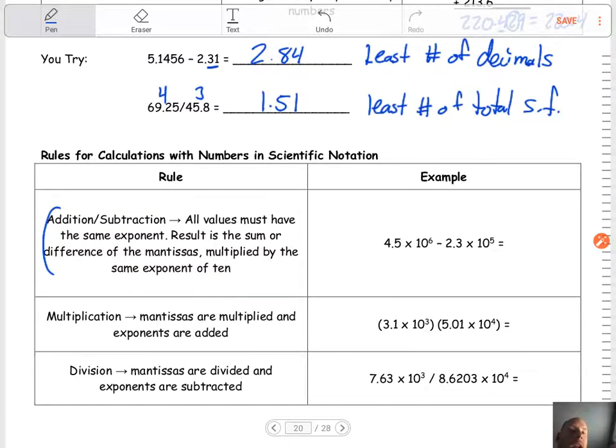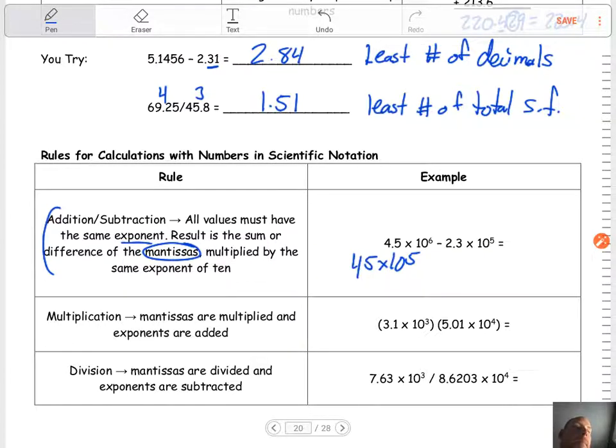Okay, so for addition and subtraction, all values must have the same exponent. The result is the sum or difference of the mantissas, which remember is just the number out in front, multiplied by the same exponent of 10. So basically what that's saying is, before we can do this, we're going to get these into the same exponent. So what I'm going to do is make this 45 times 10 to the 5th. Now, is that proper scientific notation?